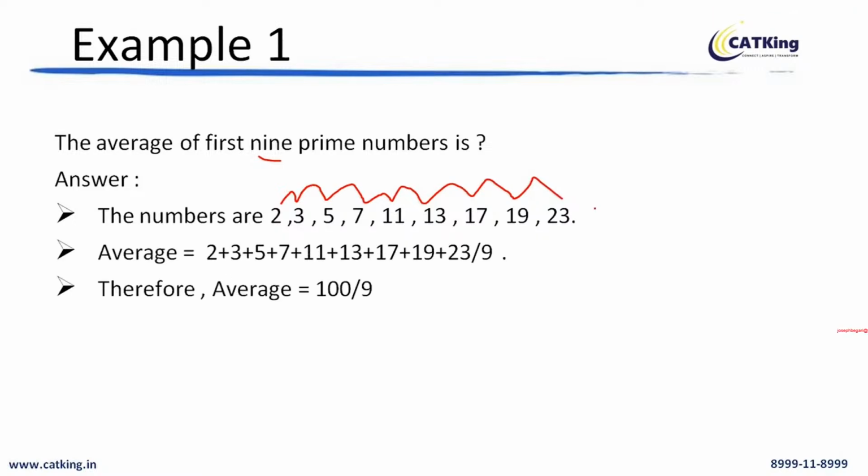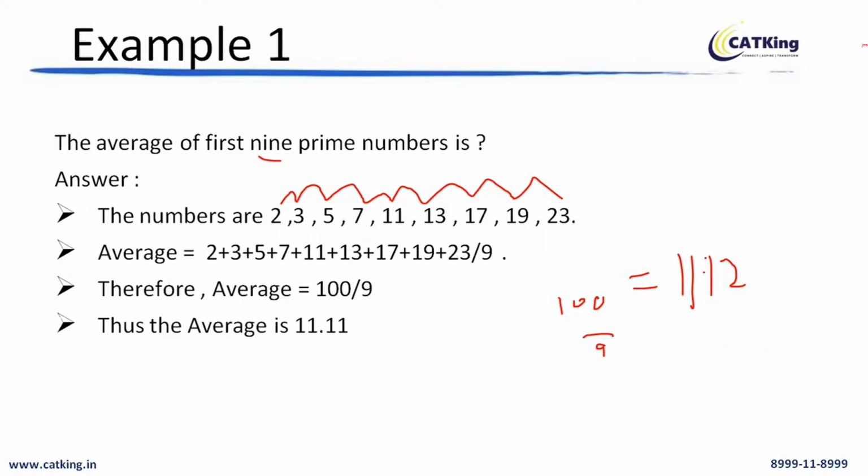Right? Therefore, the addition of all of this is 100 upon 9. When you divide 100 by 9, what do you get? It is 11.12, or you can say 11.111. Very correct. So that is your average. I think this is a fairly simple question. I hope everybody has got this. Alright? Sure, let's move forward.